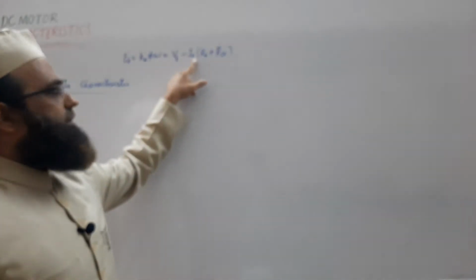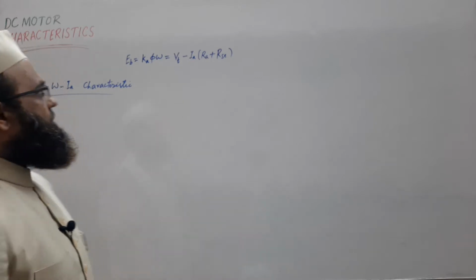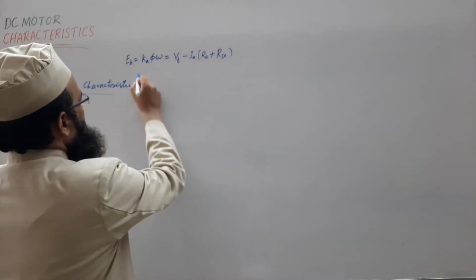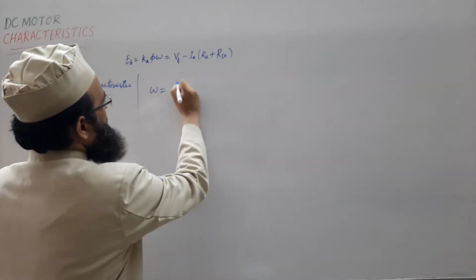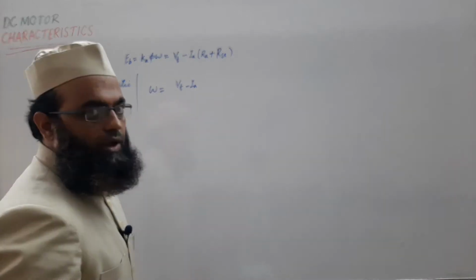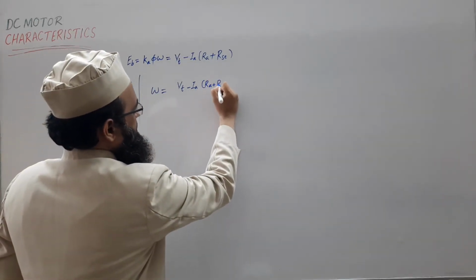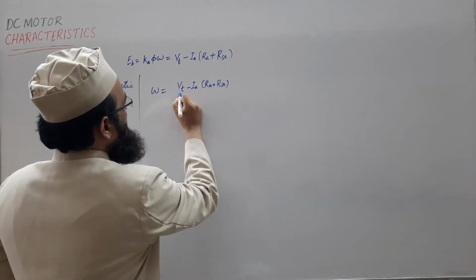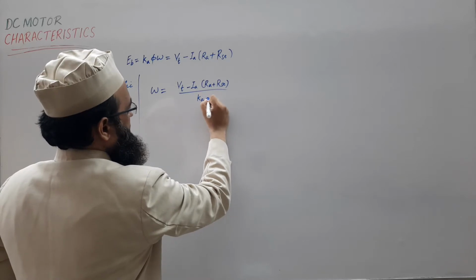So we have one relation between speed and armature current. Taking speed one side, we may write omega equal to Vt minus Ia times (Ra plus Rse), upon Ka phi.